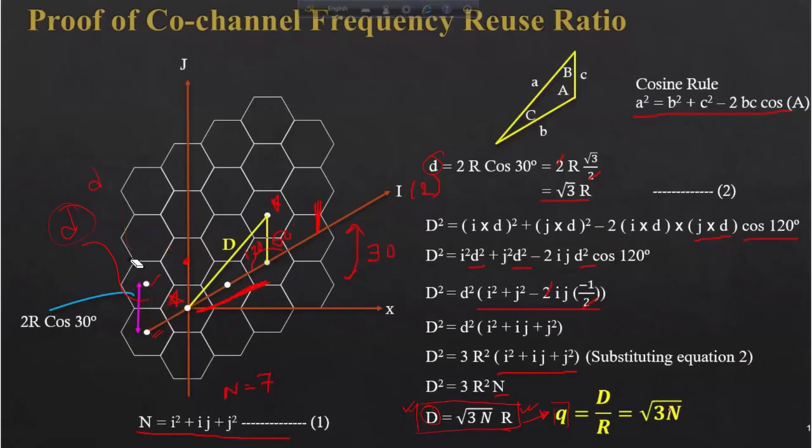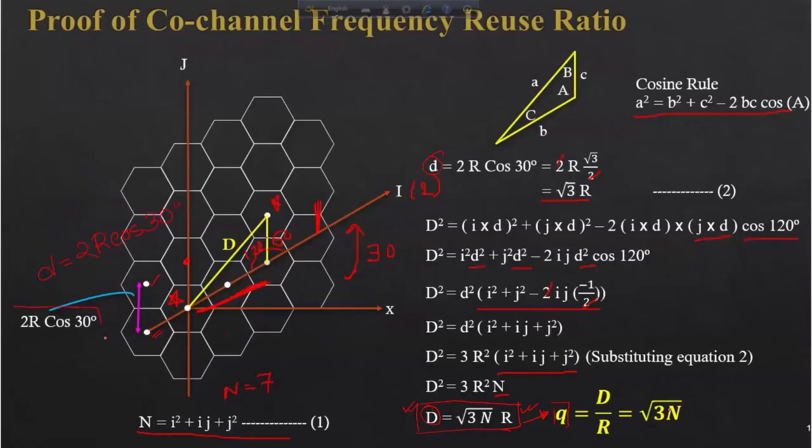If we apply simple geometric formulas, we can determine that small d is equal to 2R cos 30 degrees.